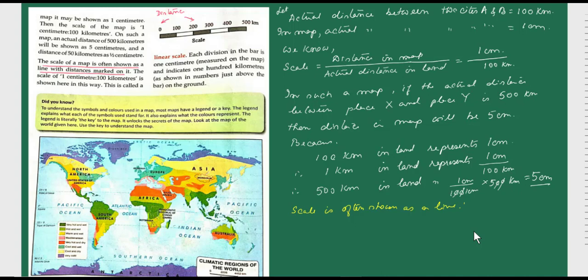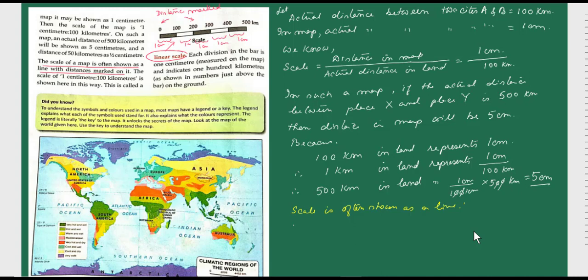Now let actual distance between two cities A and B be 100 kilometers, and in the map the distance is about 1 centimeter. So the scale will be distance in map divided by actual distance on the land, equal to 1 centimeter by 100 kilometers.